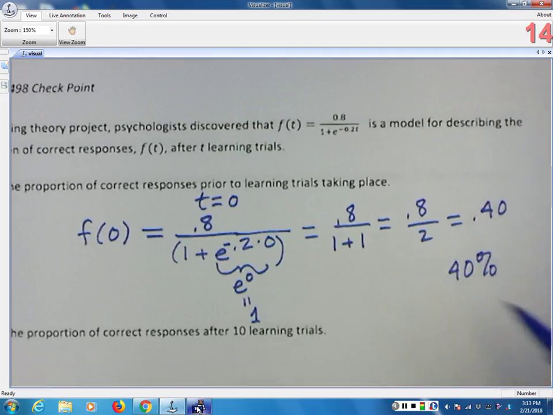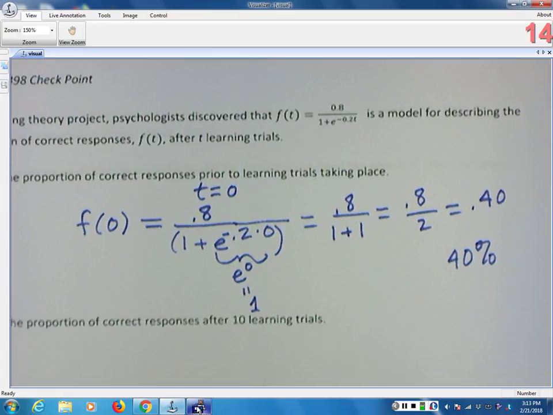It's the proportion of correct responses. In a percent, it means that people would be getting 40% before the learning trials took place. They took a test without studying, or even going to class.